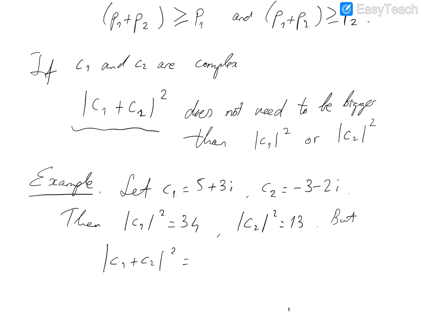This is equal to magnitude of 2 plus i squared, which is equal to 5. And notice that this is less than either of these probabilities, right? So magnitude C1 plus C2 squared is less than magnitude Ci squared, where i is an element of the set {1, 2}.